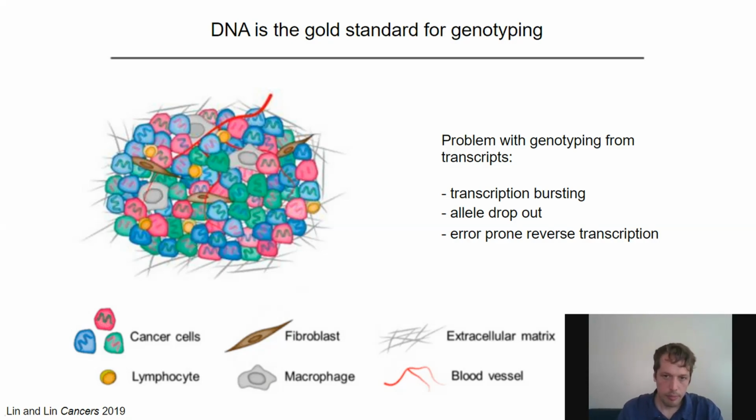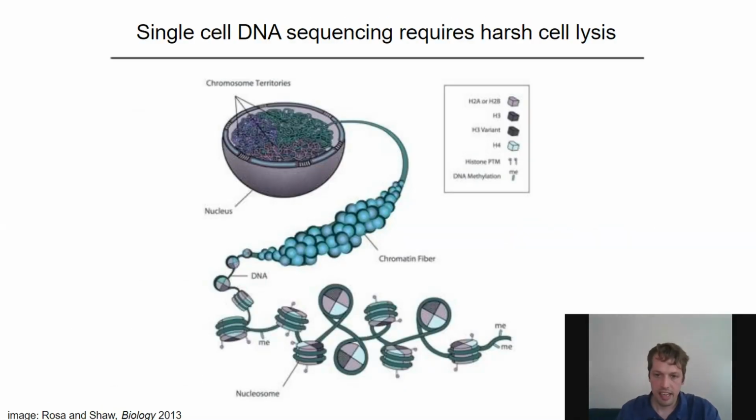But the problem with looking at the DNA in single cells is that the genome is compacted into the nucleus. It's bound to many proteins, chromatin, nucleosomes, and all of this creates an incredibly inhibitory environment for molecular biology, basically the reactions we need to perform in order to barcode these molecules for the single-cell readout afterwards.